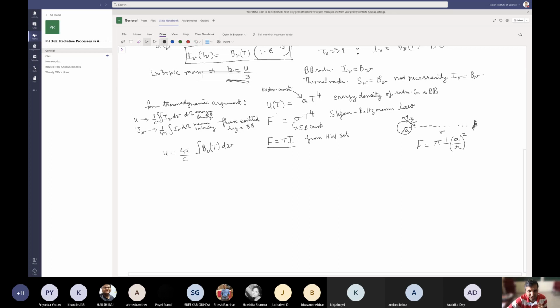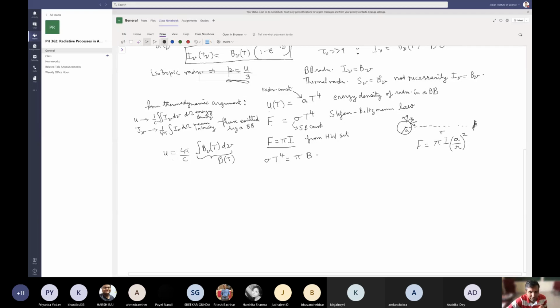So if you just use this, you can find the relationship between A and sigma. Let's see. F equals sigma T to the 4. This is equal to pi times B, where I becomes B for a black body. So this B nu d nu is called B, now because we have integrated over frequency, but it is still a function of temperature.